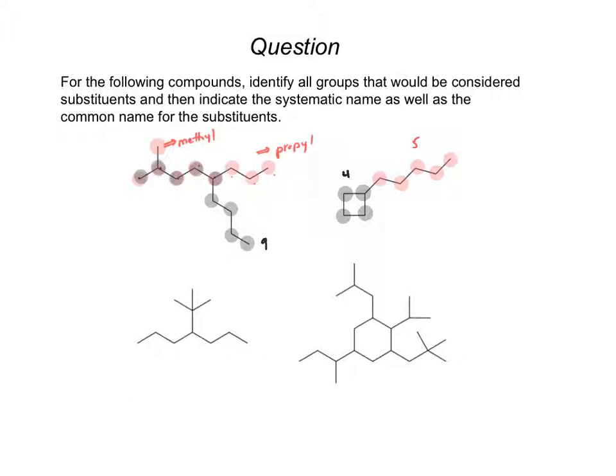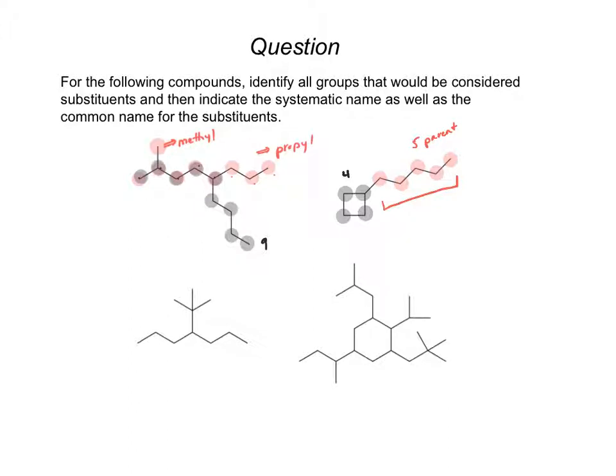I had said earlier that rings are always the parent, as long as they don't have a branch off of them that is longer than them. But in this case, there's a 5-carbon chain that comes off of the ring that has more carbons than the ring itself. So because of that, this 5-carbon chain is the parent.